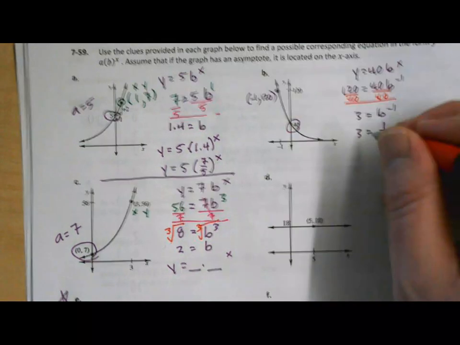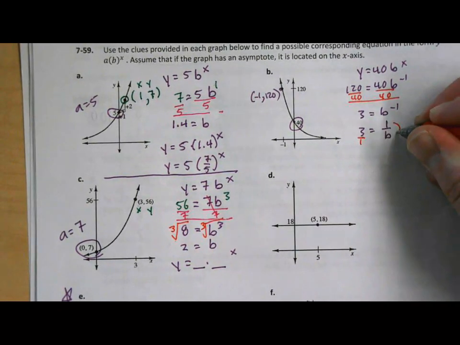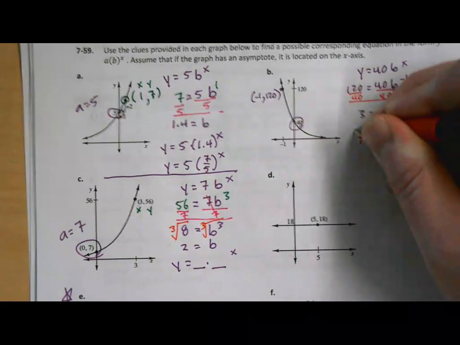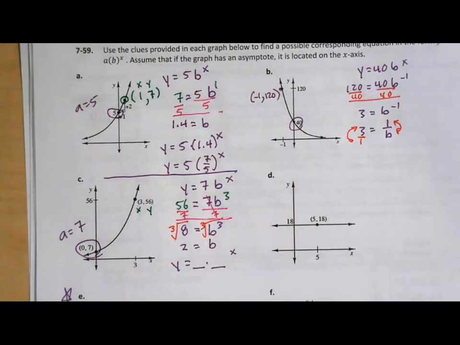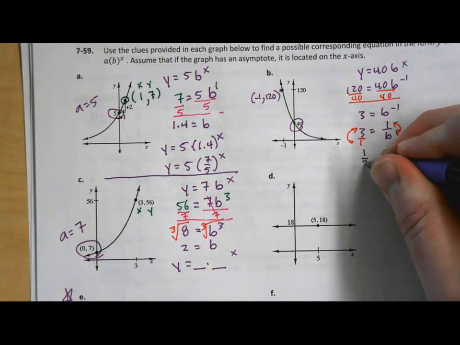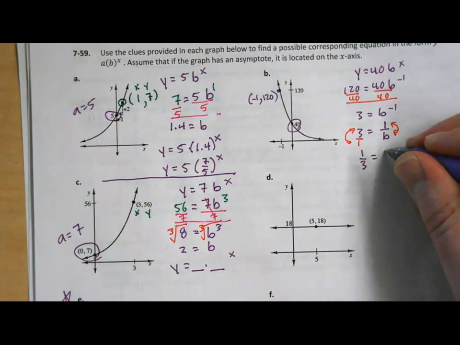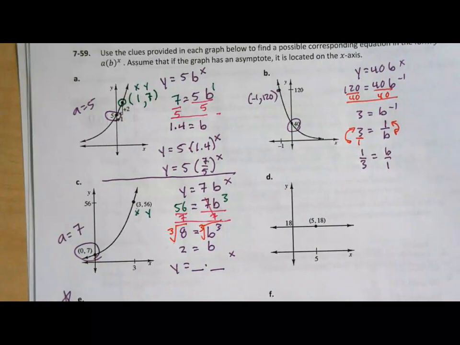And then I'm going to change this to a fraction because there's this rule in algebra that says if you have fractions on both sides of an equal sign, you are allowed to do the reciprocal of both sides. That means flip the fractions on both sides. So if I flip 3 over 1, it's going to become 1/3. If I flip 1 over b, it's going to become b over 1, which is just b.